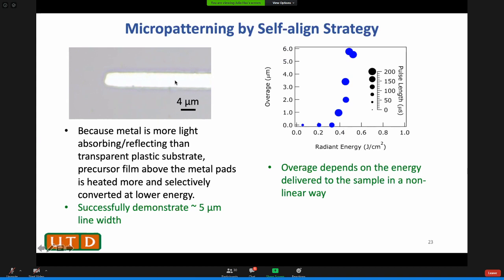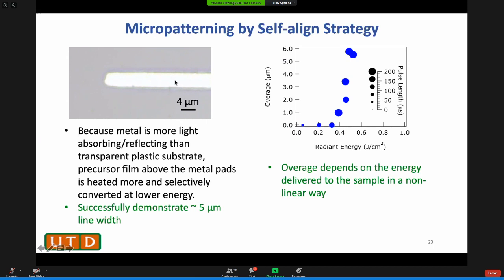When you dump too much energy, then the overage really goes up by a lot. So if you use this condition, then you will get a big zirconium oxide pattern. Okay, let me skip this.